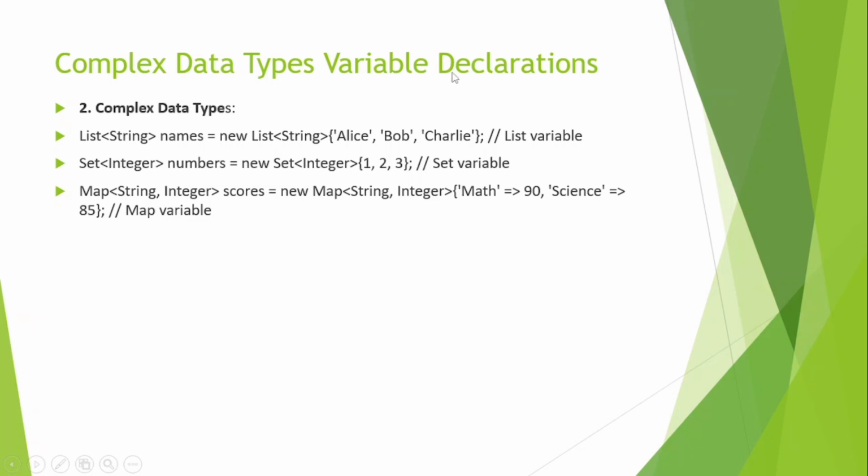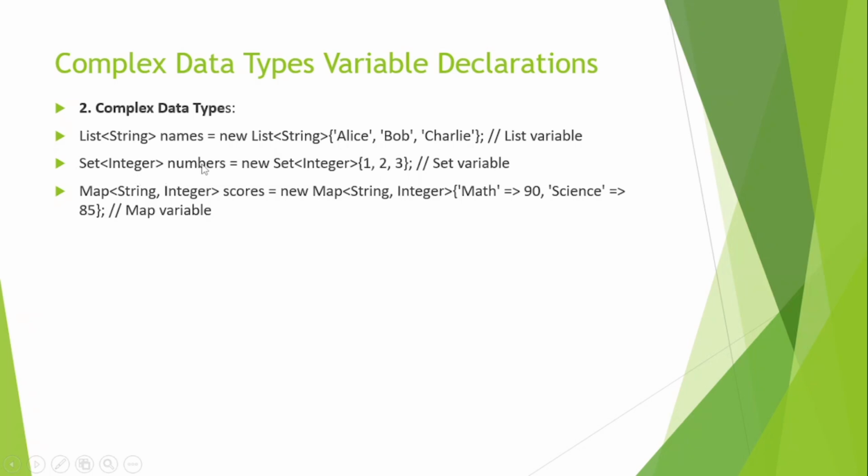Complex data types variable declaration. List string, we are taking the variable name names equals to new list string, and Alice, Bob, Charlie are the values.